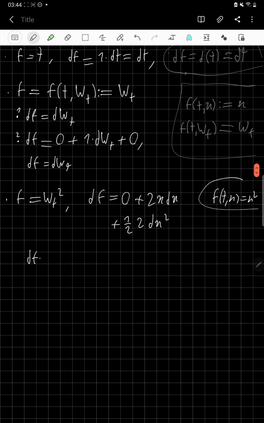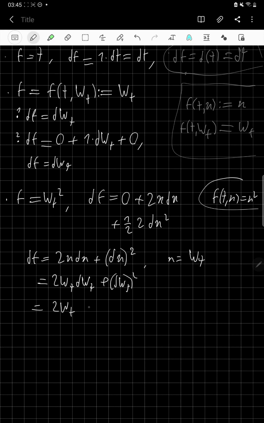So df is going to be 2x dx plus 1/2 times 2 dx squared. Now we just do the usual x equals Wt, and this is going to be equal to 2Wt dWt plus dWt squared, which is 2Wt dWt plus dt, because dWt squared is equal to dt.